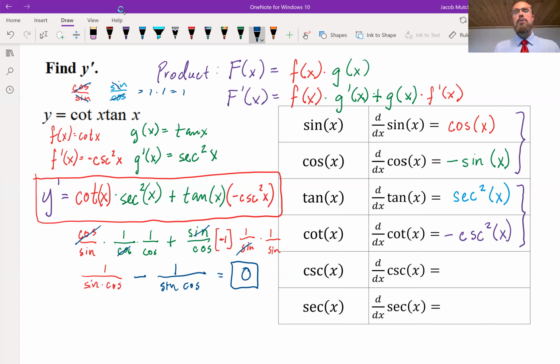So if I simplify the original, it reduces down to just a value of 1, it's a constant. And if I took the derivative of a constant, according to my rules, the derivative of a constant is 0. So it checks out in terms of the original function. So we could either write it as that kind of sum of two different products, or if we reduced it down, we could say, hey, that should have the value of 0.